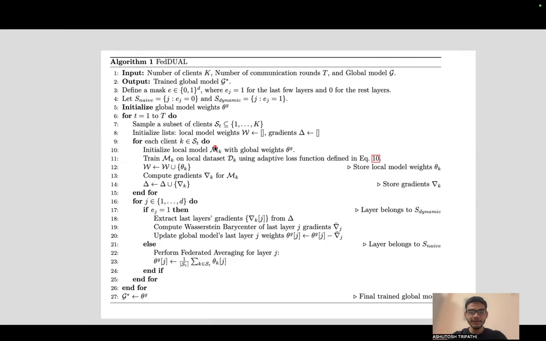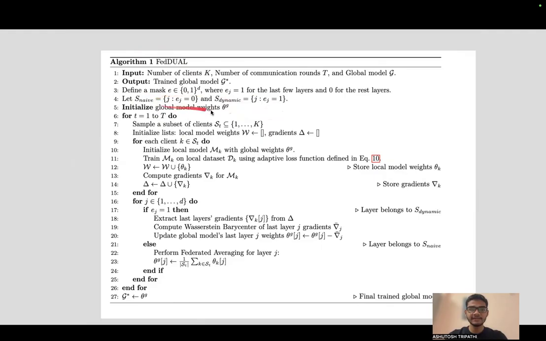To distinguish the final layers from the initial layers, we define a mask that can have value 0 or 1. It will be 1 for the last layers and 0 for the rest of the layers. Where it will be 0, we will be doing the vanilla aggregation. And where it will be 1, we will be using our Wasserstein barycenter based dynamic aggregation.